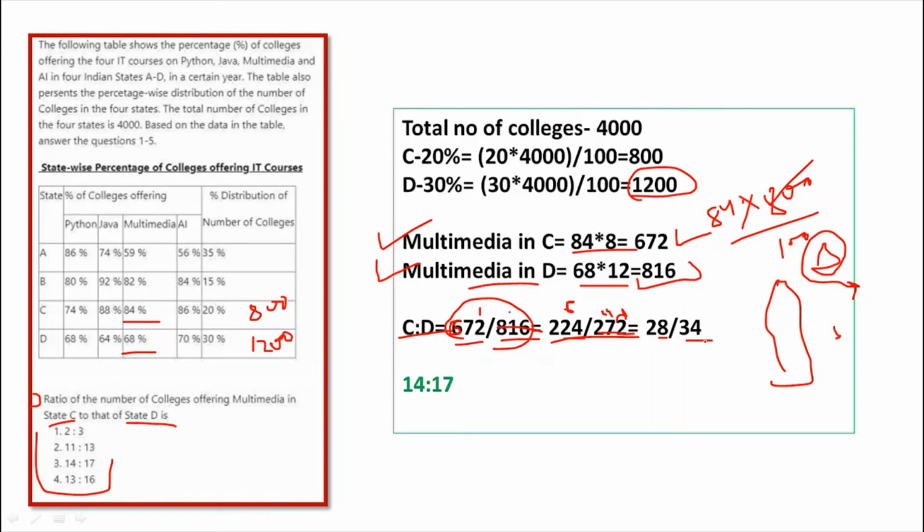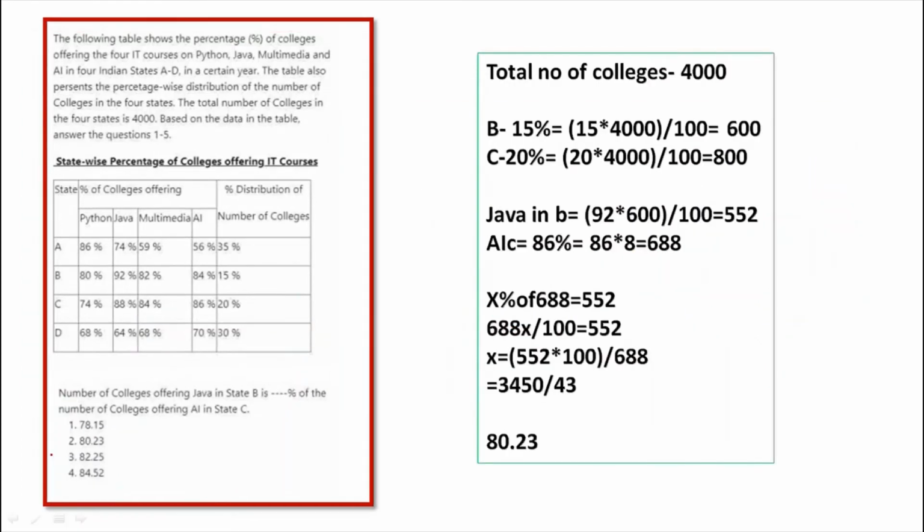So 28 and 34 can further be divided by 2: 2 1s are 2, 2 4s are 8, 2 1s are 2, 1 is left, add it with 4 prefixed here, so it is 17. So 14 ratio 17 is the answer, which is option number 3, the right answer for the question.